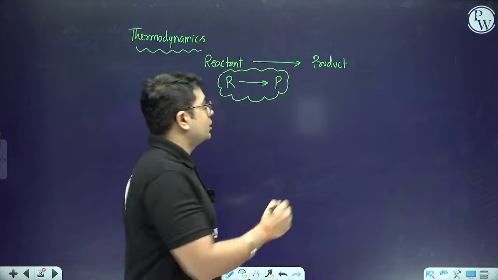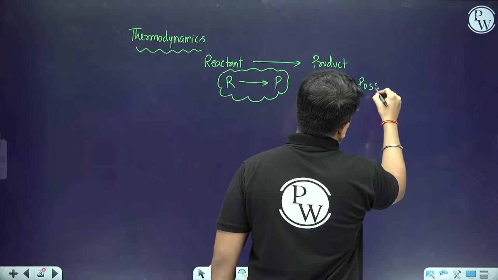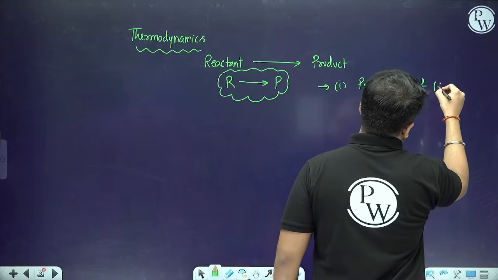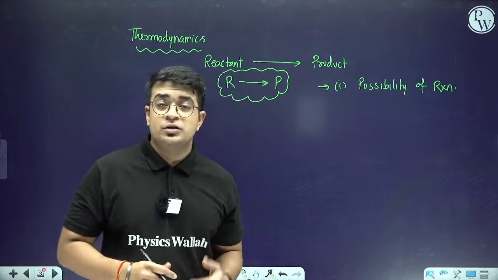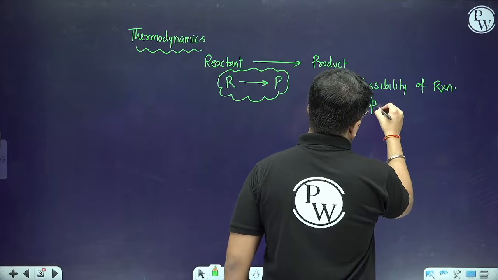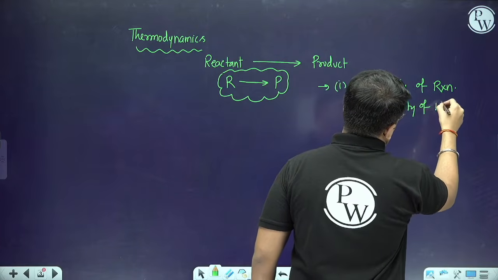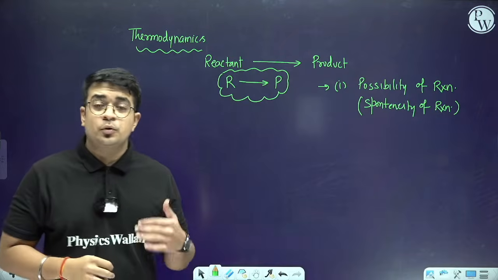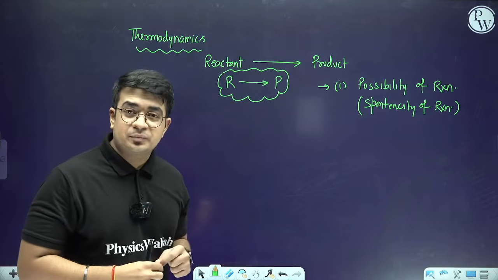The first question which comes to your mind is the possibility of the reaction, whether this reaction is possible or not, or I can say the spontaneity of the reaction. That question deals with the first part, which is thermodynamics.